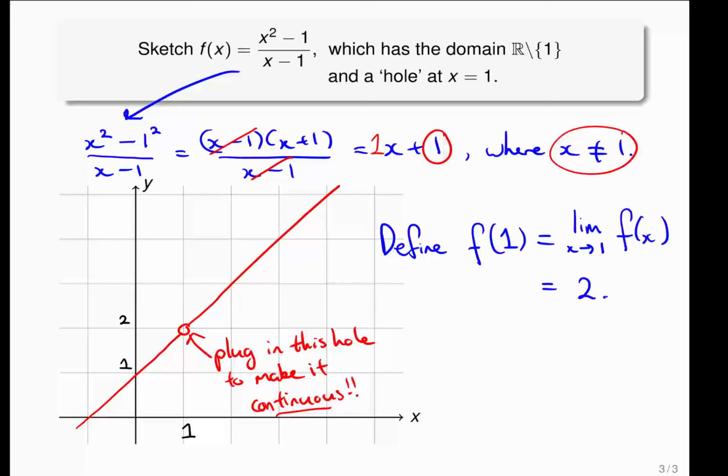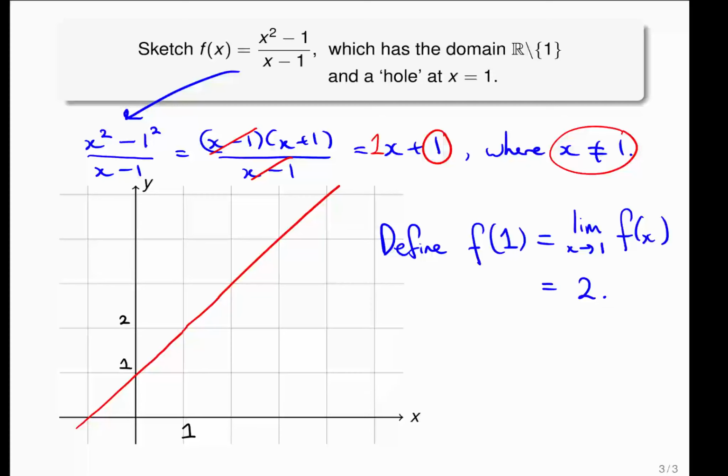In summary, we've effectively extended the domain of the original function to include the x value 1. Moreover, by defining the y value to be 2 here, we've plugged up the hole, thereby making the original function continuous everywhere, which would allow us to sketch its curve in one continuous smooth action without having to lift the pen off the page.